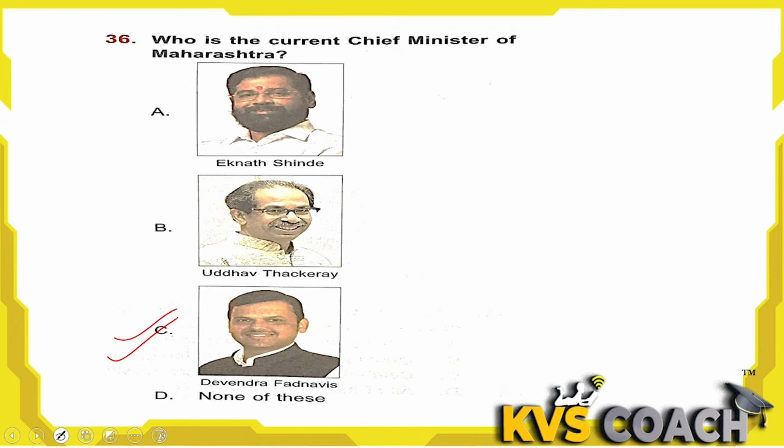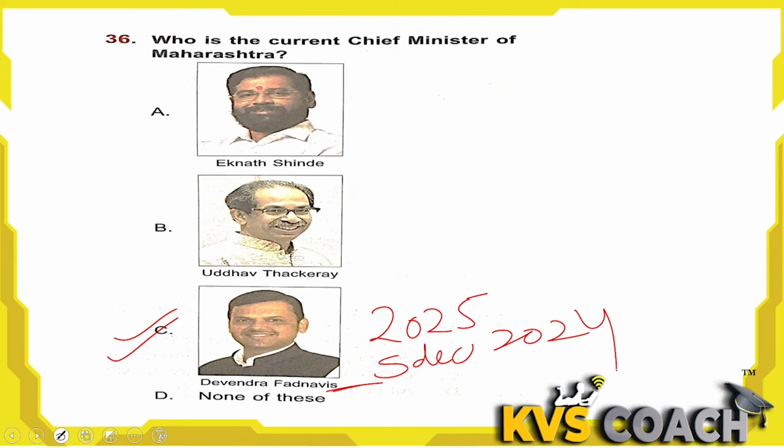But for this year, 2025, the right answer is Devendra, because he started his chief minister career on 5 December 2024, and this paper was published before that. That's why the answer was A, but now the answer is C.